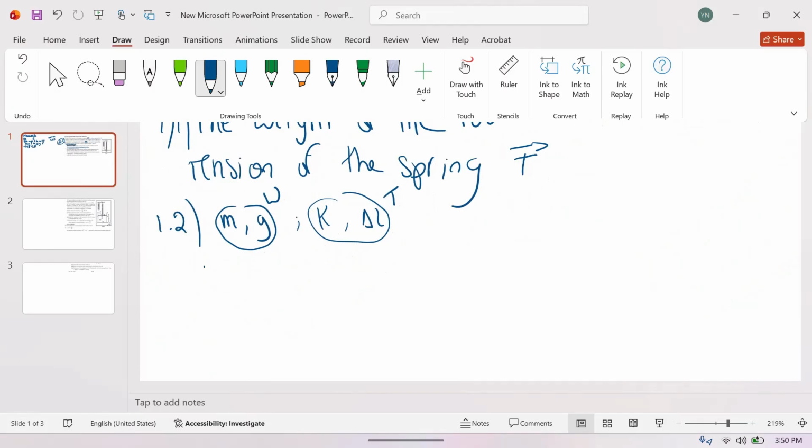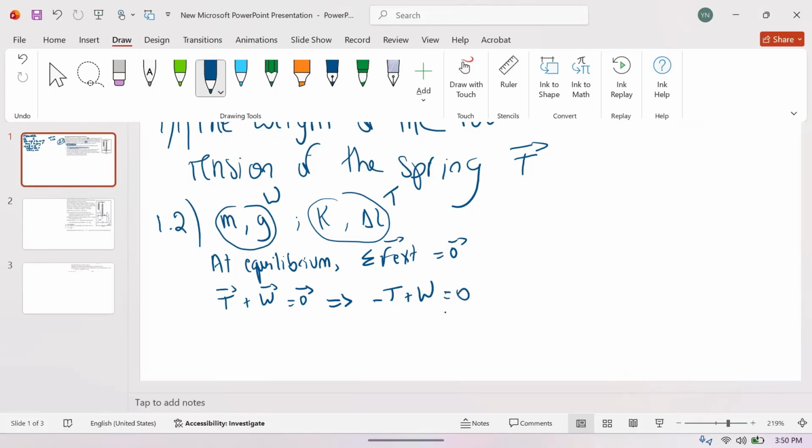So, at equilibrium, the sum of all the forces is equal to 0, which is obviously the tension and the weight equal to 0. Now, if we project that on the x-axis that we have going vertically downwards, we will be getting minus T and plus W, because T is going upwards in the opposite direction of the axis, so it's minus, and the weight is positive, equals 0.